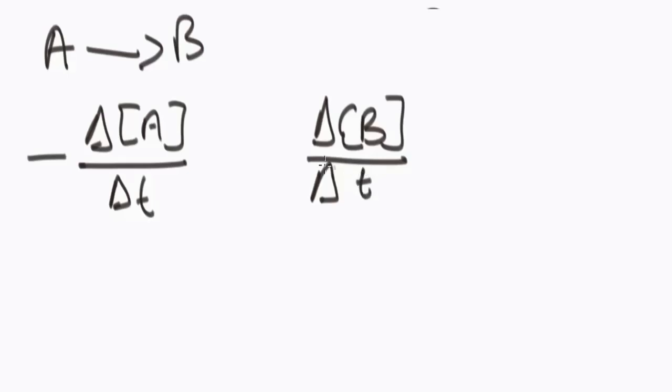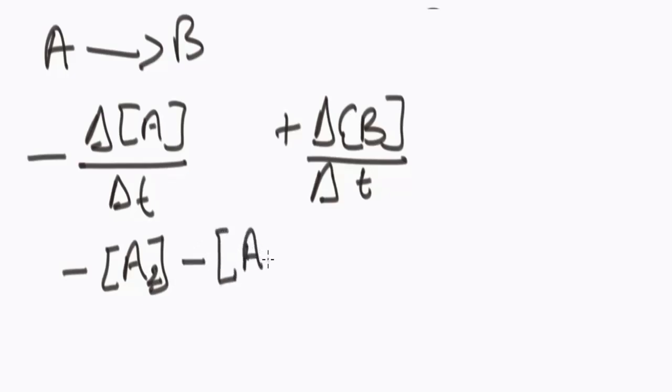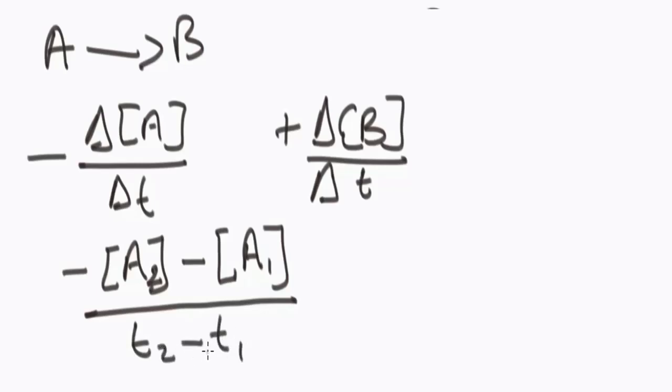So this plus sign signifies that the product is appearing. Which means that for reactant A, it's going to be minus the change in A, final minus initial, over change in time, T2 minus T1.